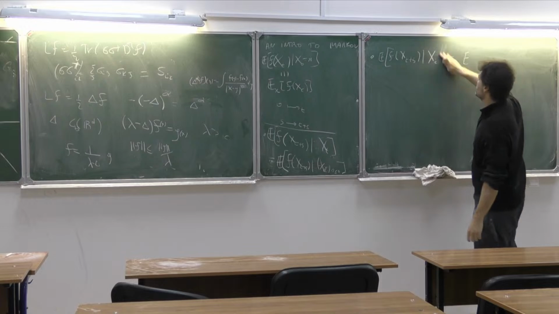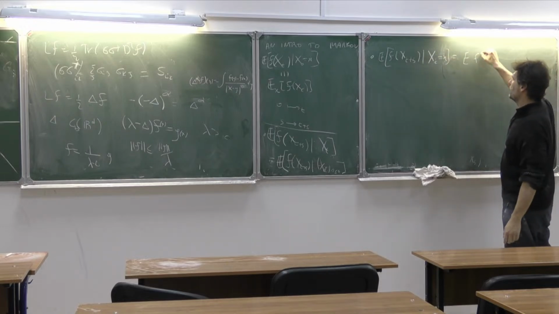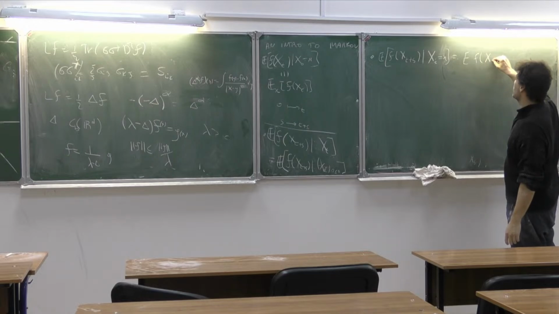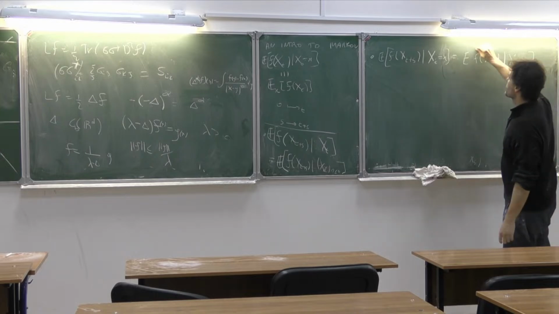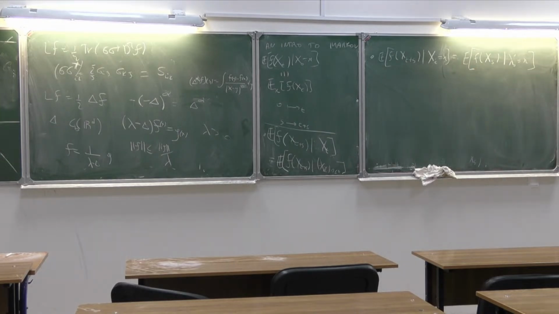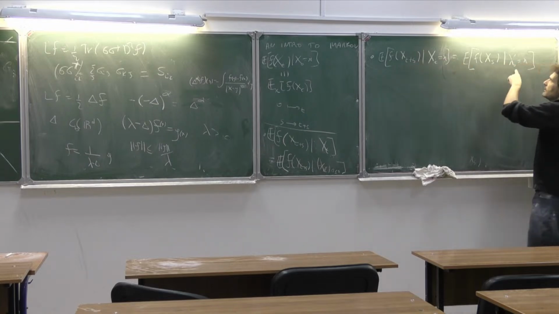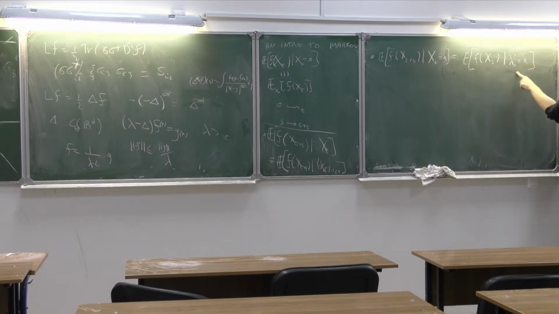So let's write this. Given that x_t is x, it is the same as the expected value of f of x_s given that x_0 is x. So how much you change between time t and t plus s doesn't depend on t, only on the time increment.